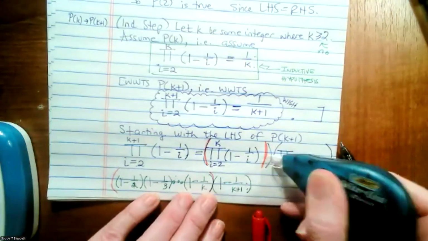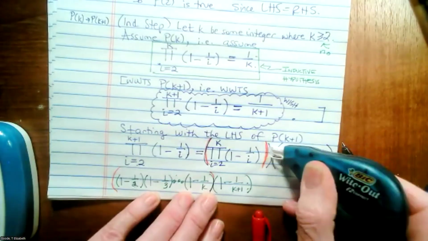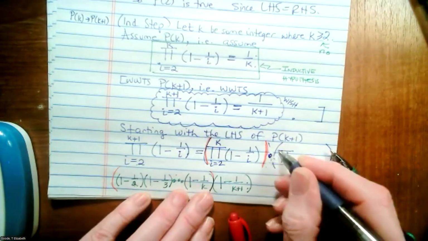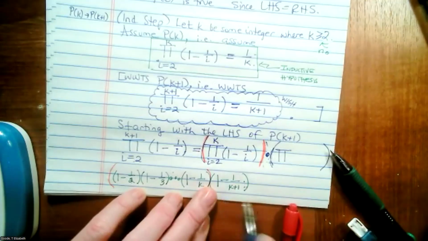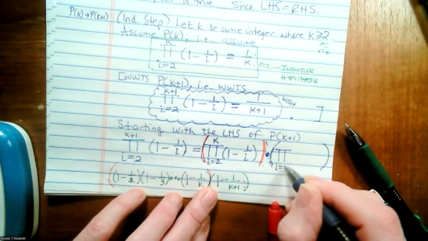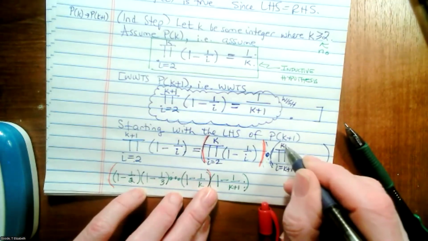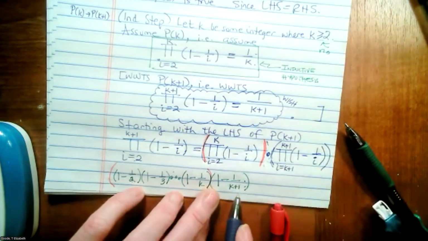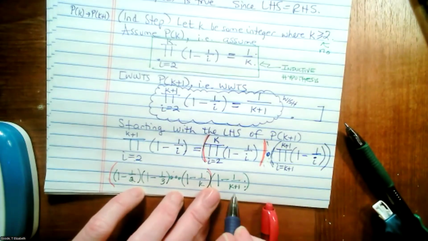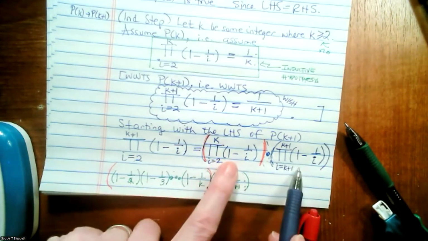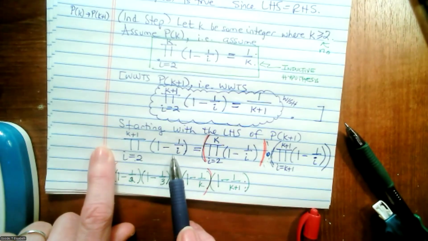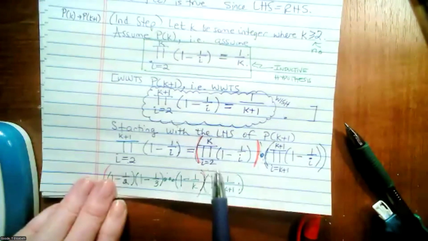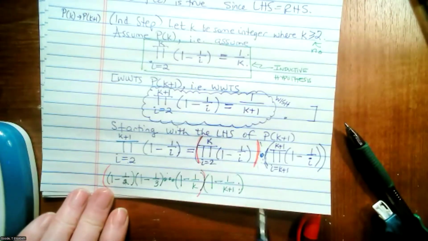Times this piece, which is the product from I equals k plus 1 to k plus 1 of 1 minus 1 over I. It's just that single term where I takes on the value k plus 1. Do you see that this is really the same thing as that? Yeah. You don't sound convinced. No, I see it.